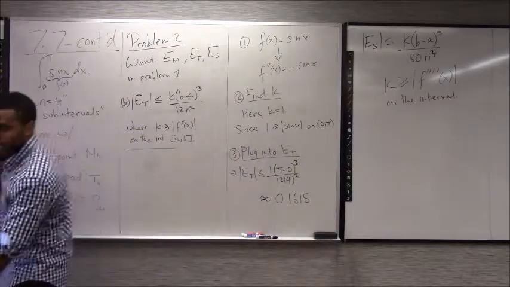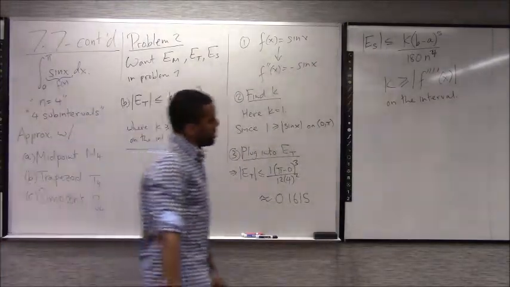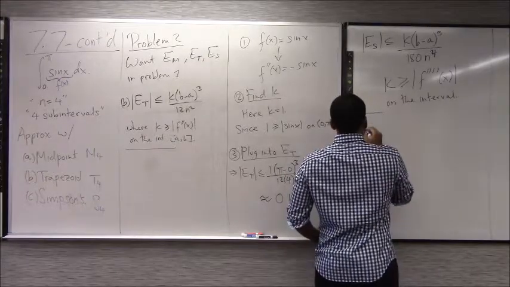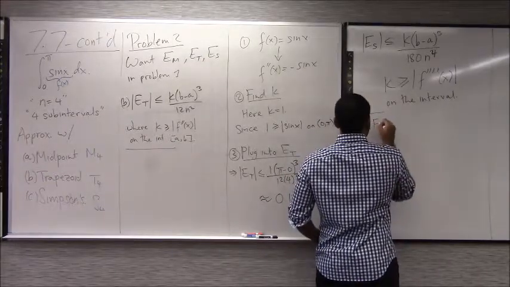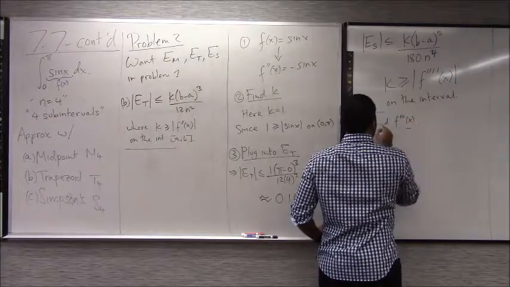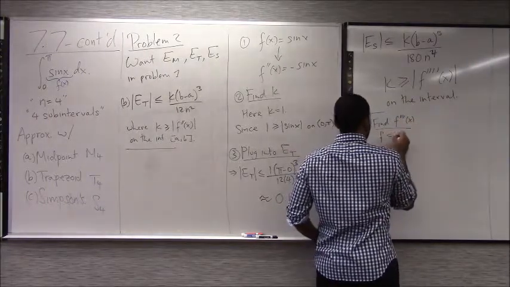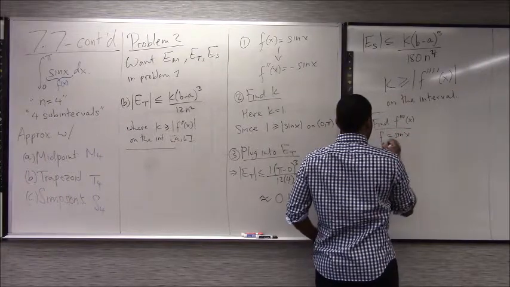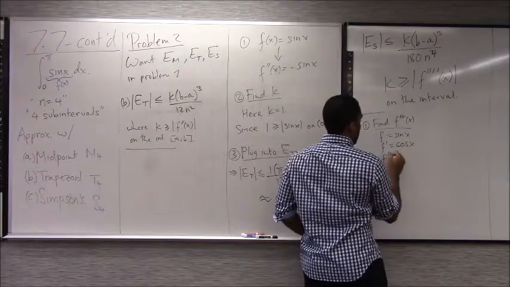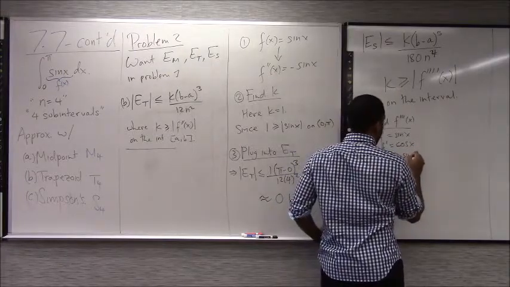Well, for this problem, it's nice. K is again 1 can work. So 1, we're going to find f to the 4th prime. F equals sine. F prime is cosine. F double prime is minus sine.